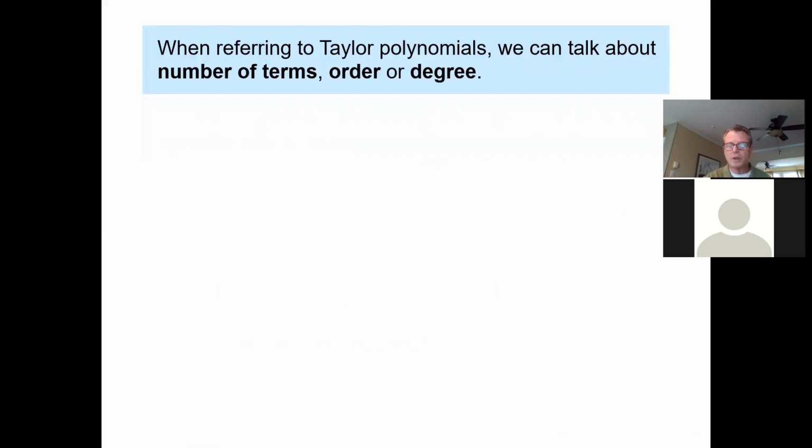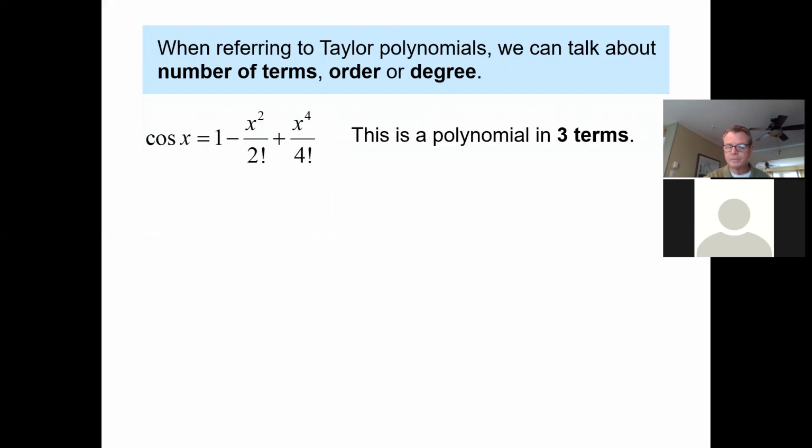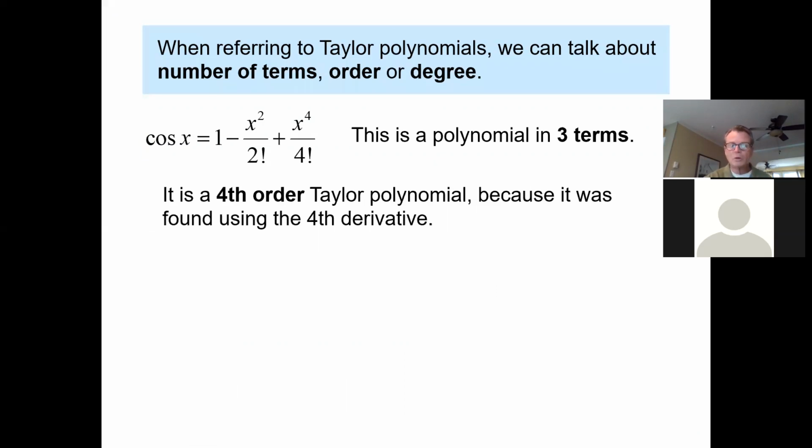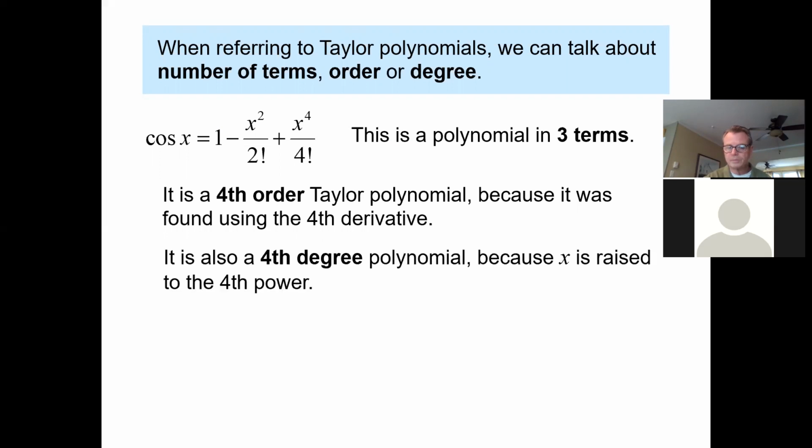Yeah, that's true. We're going to go over that with you on the PDF, and then the distinction here between terms, order, and degree. Yes, 3 terms. I see that. Fourth order. Fourth degree.